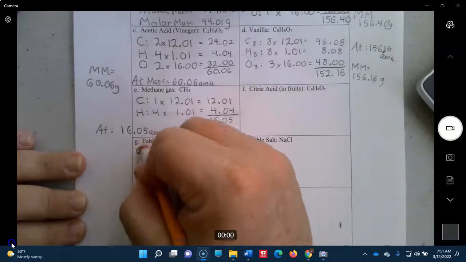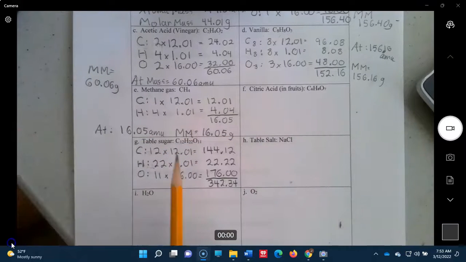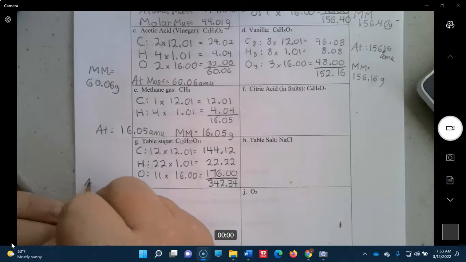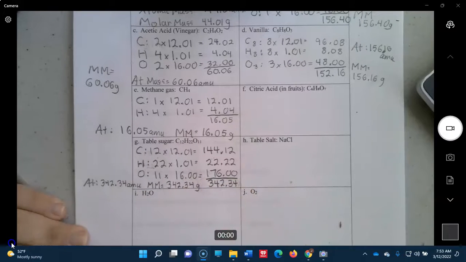Should not write the subscripts there. Okay, so for our extensions here, 12 times 12.01 right there, 22 times 1.01 there, 11 times 16 there, they all add up to that. So atomic mass and molar mass in grams.